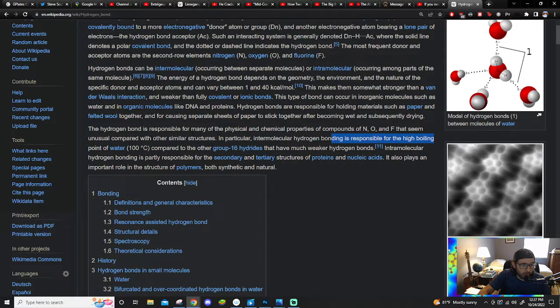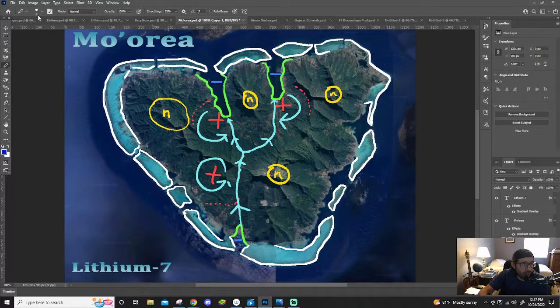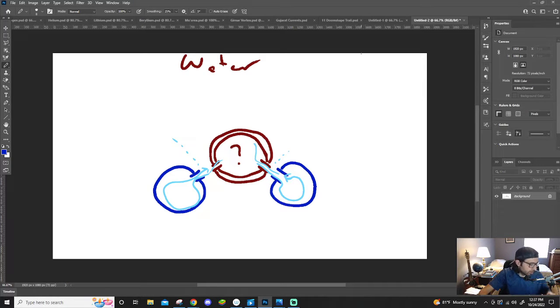So basically, it's almost like another bond occurring here, just with another hydrogen that's got another current in its own way flowing in and out of it.